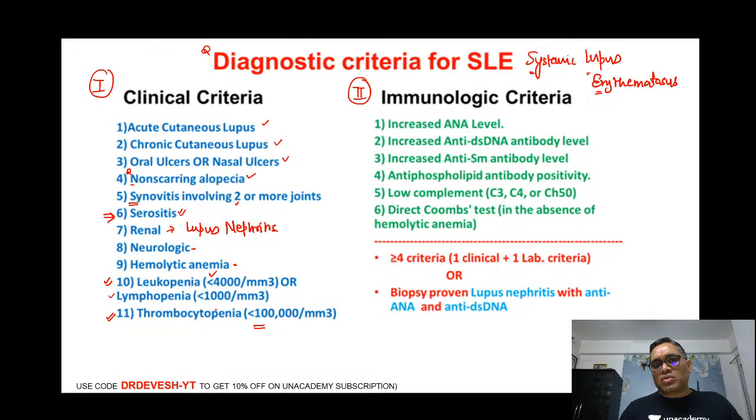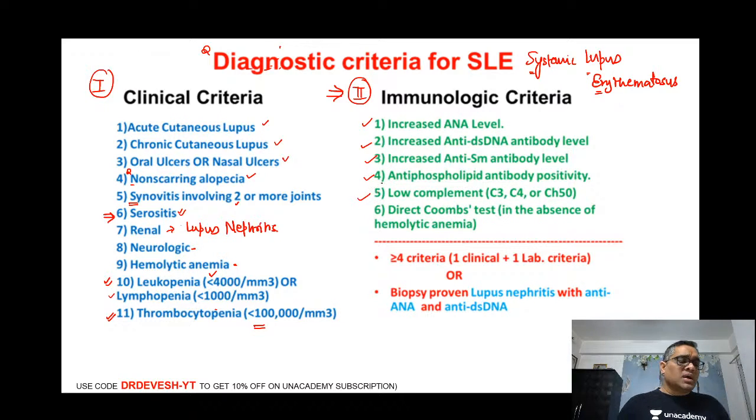Then come to the immunological criteria. Immunological criteria means there is an antibody involvement. So what kind of antibody can you see here? The increased anti-nuclear antibodies, right? Then you will be seeing anti-double stranded DNA antibodies, then anti-Smith antibodies, anti-phospholipid antibodies.